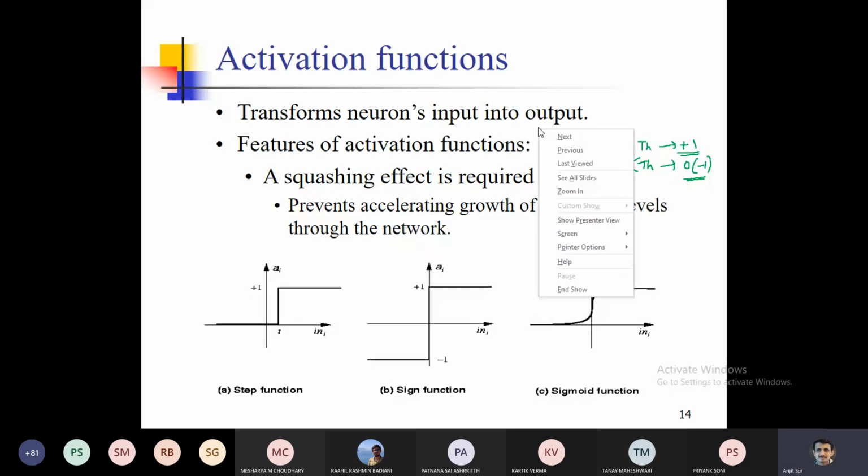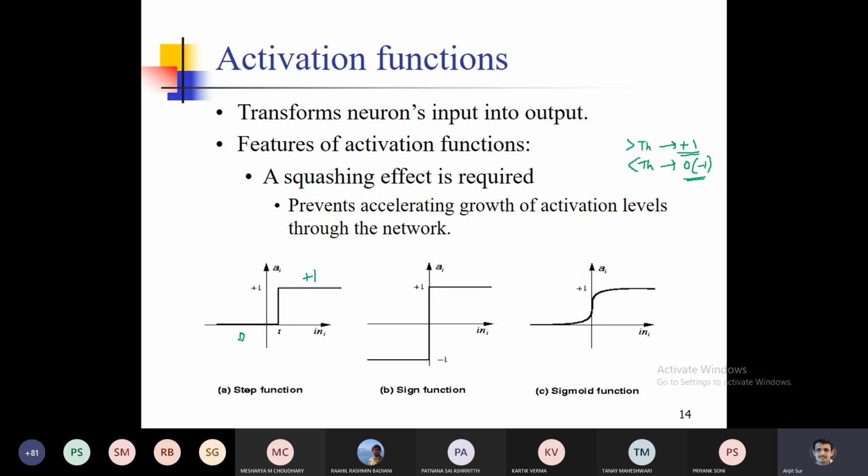This is a step function: if it is greater than this particular threshold t, then it becomes +1, otherwise it is 0.